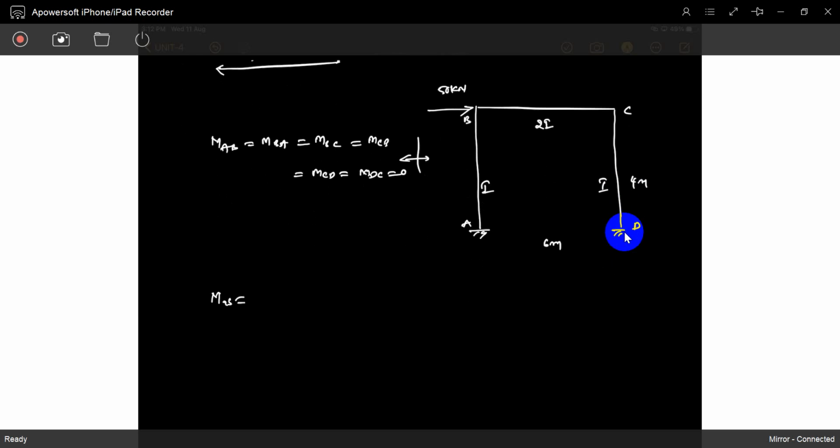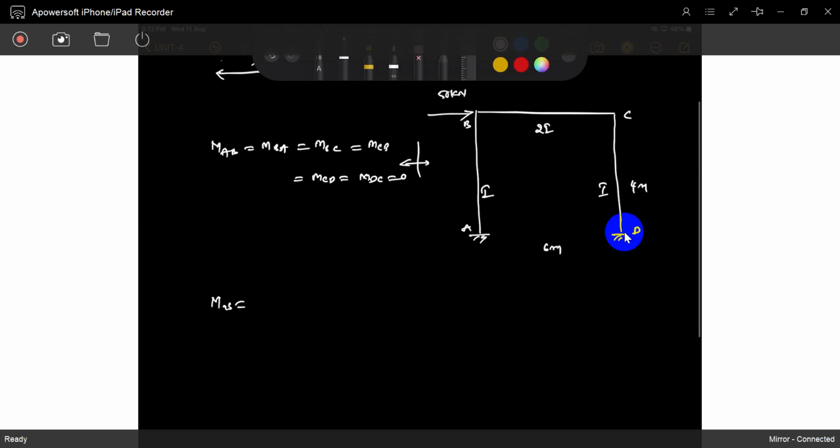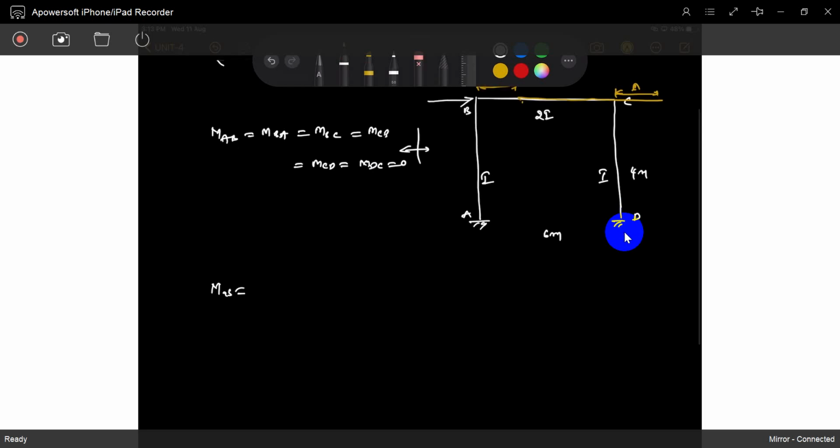Final moments, if you observe, it will move. It will give some delta. So the deflection diagram we will draw later, the deflection profile based on the rotation. So MAB has no fixed moment, delete it.